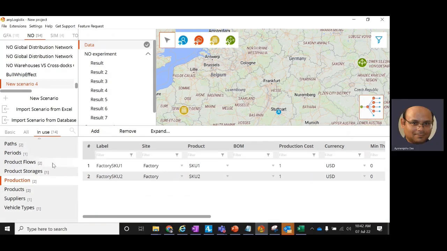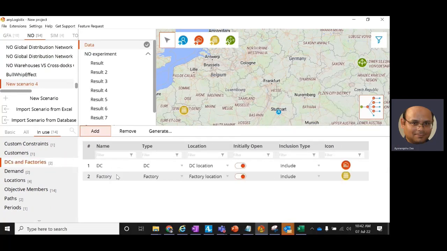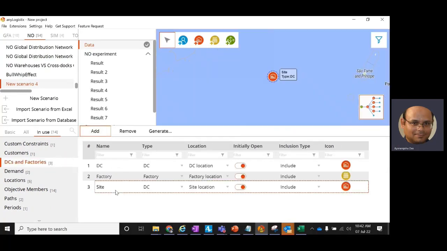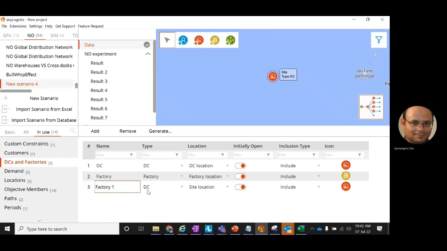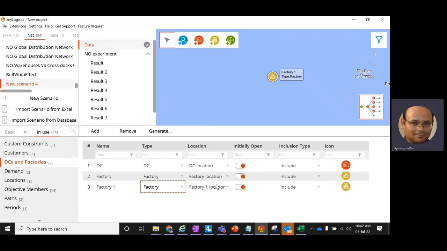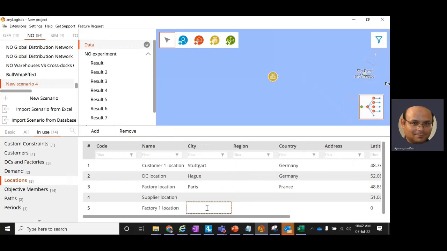Suppose we add another factory in the decision factory table. We'll say it's a machine factory 1. We will set its type as a factory, and then we'll go to the locations tab and put the factory as Radomsko, which is a city in Poland.